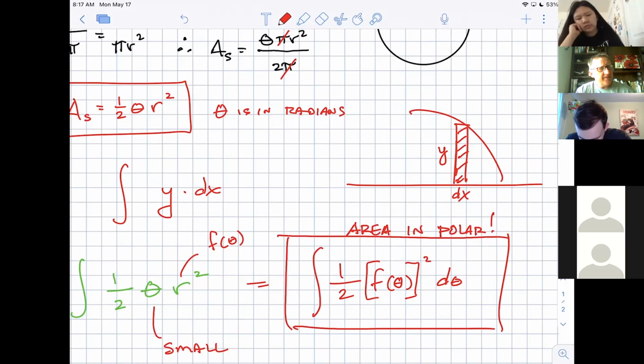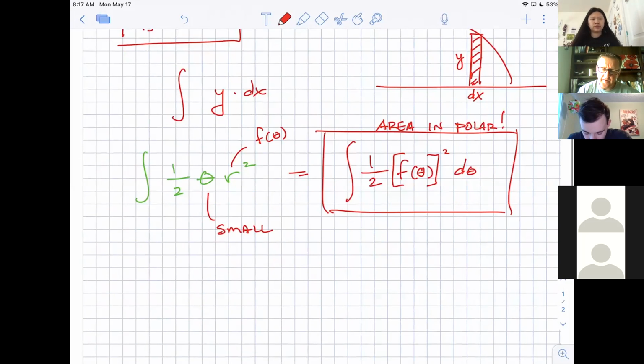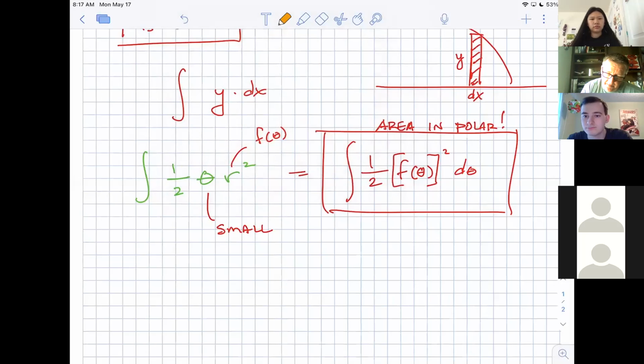So just for the fun of it, let's try this out on something really simple, something you already know. Do you remember the other day when we looked at the best equation of all in polar, which was a circle? Remember how ugly circle equations are, or hard to work with, in rectangular? But in polar, all you have to have is a radius.